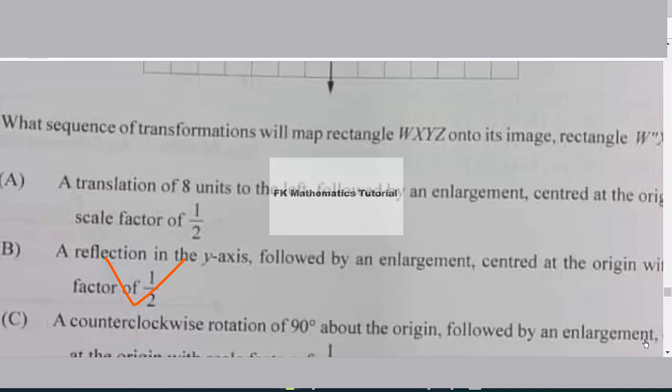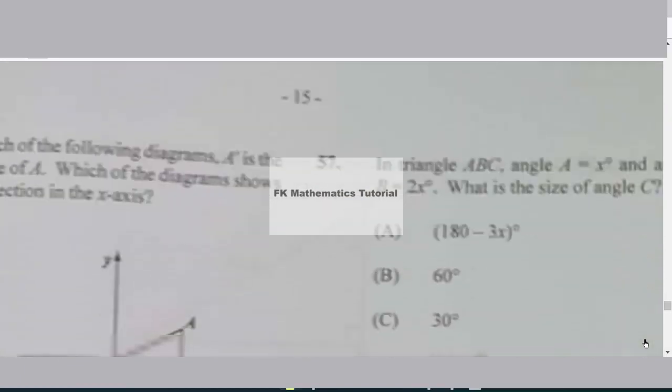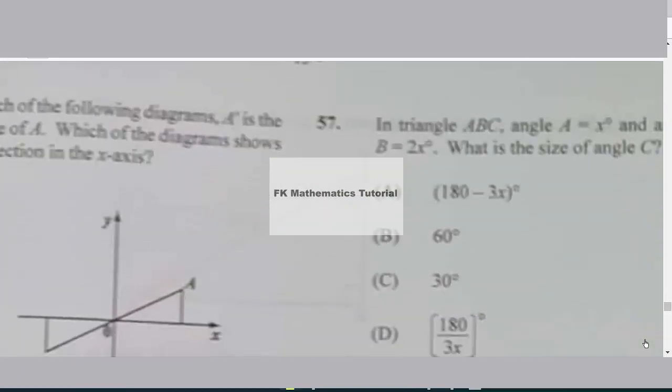Now, let's look at item 56. In each of the following diagrams, A prime is the image of A. Which of the following diagrams shows a reflection in the x-axis?